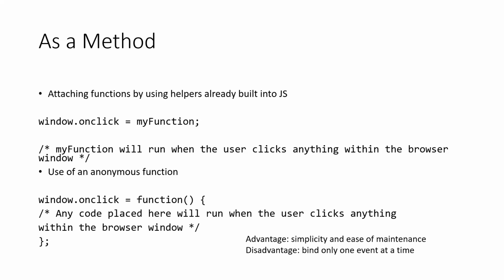I hope you are familiar with the concept in other programming languages as well. So whenever the user clicks anywhere, whatever is inside this function within brackets will get executed. The advantage is it's very simple and easy to maintain, but the only issue is this binds only one event at a time, right? So it's not common, it's just for one particular event.